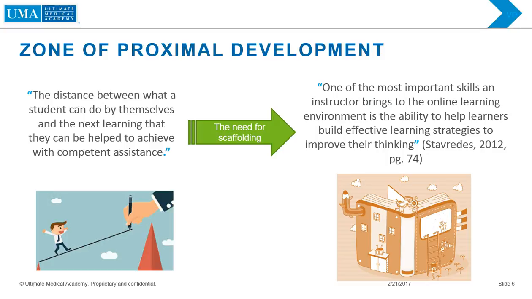One of the most important skills an instructor brings to the online learning environment is the ability to help learners build effective learning strategies to improve their thinking. So we scaffold instruction at the beginning in an effort to break down the concepts and help students understand the material being presented.